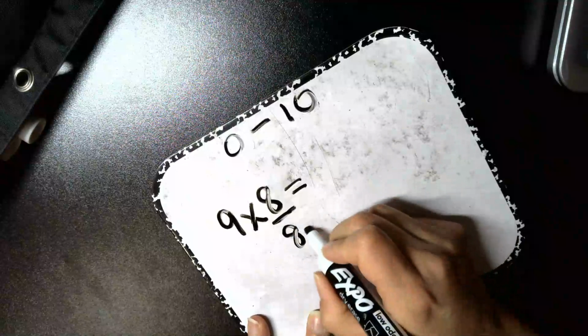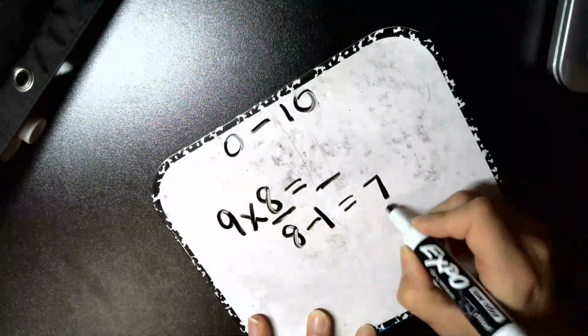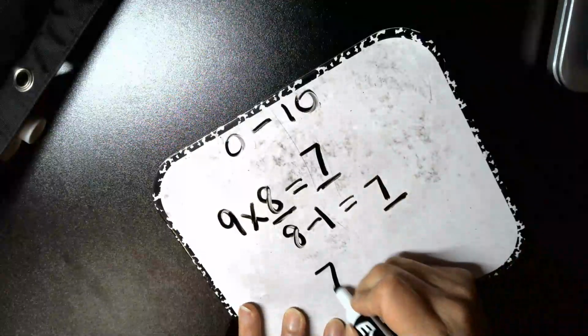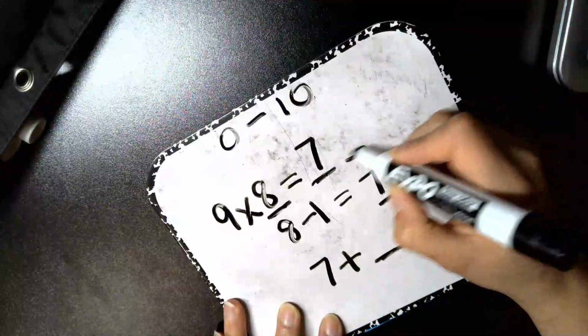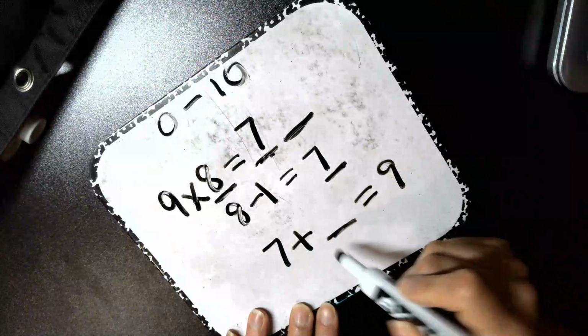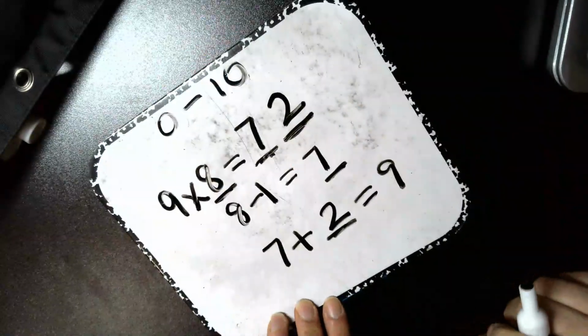So if we do 8 minus 1, that gives us 7. So that's our first digit, is 7. Then we say 7 plus what equals 9? Because these two digits have to add up to equal 9. So 7 plus 2 equals 9. So we know it's 72.